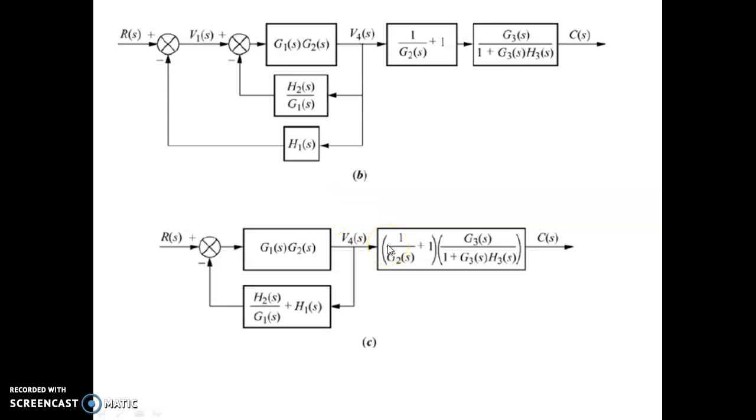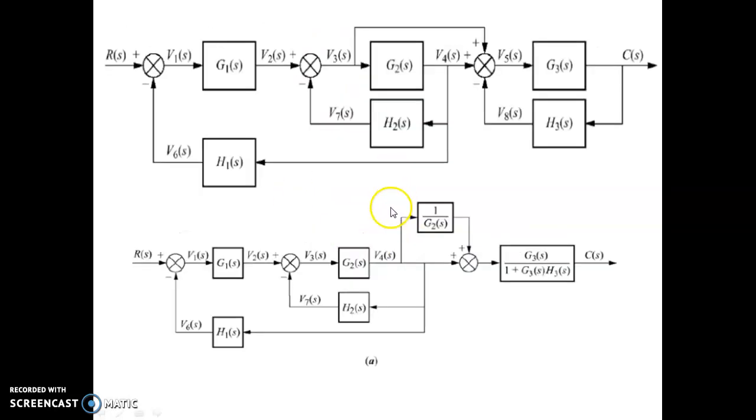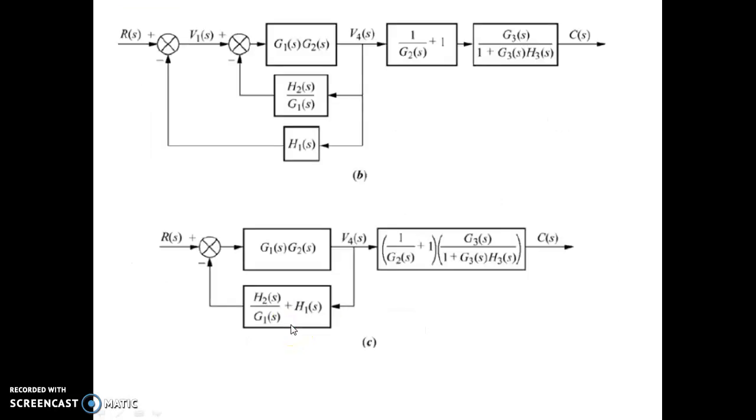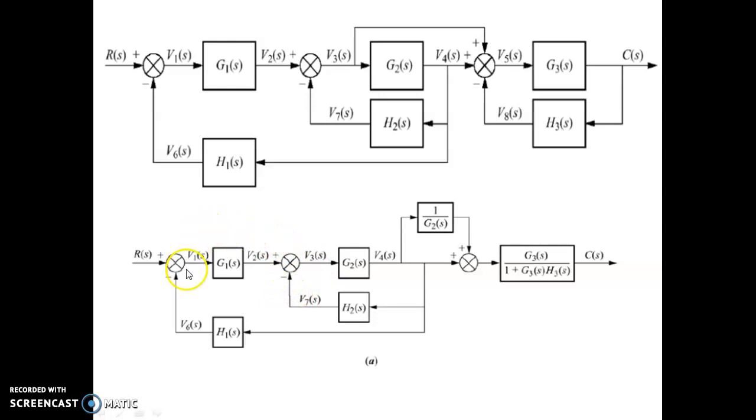See, so I used another method. After making this parallel, both are feedback lines, no? So I can merge that one. Here I took the summing point behind the block, so it becomes H2 by G1.